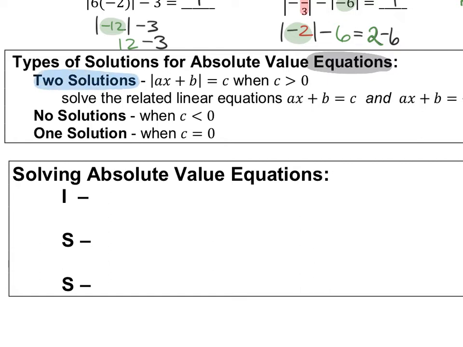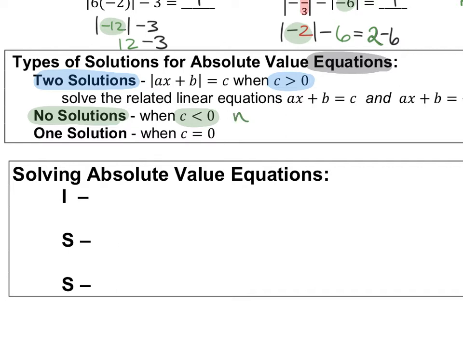There are options when you're doing these kinds of problems where you have 2 solutions. You're going to have 2 solutions to an absolute value equation when the number that it's equal to is bigger than 0. So when you have 2 solutions, that's when the number it's equal to is greater than 0, so a positive number. You're going to have no solutions when the number that it's equal to is less than 0.